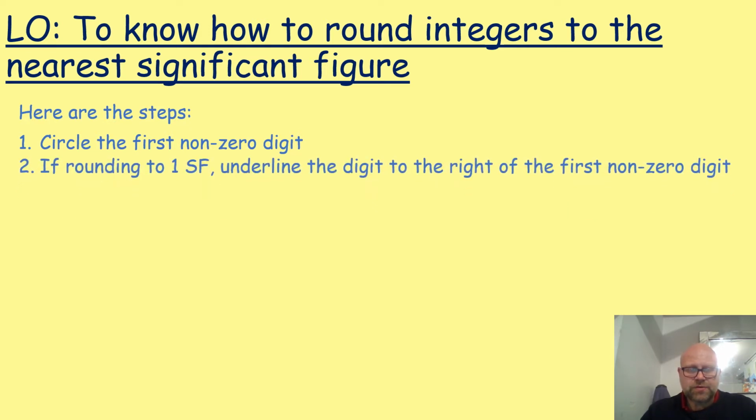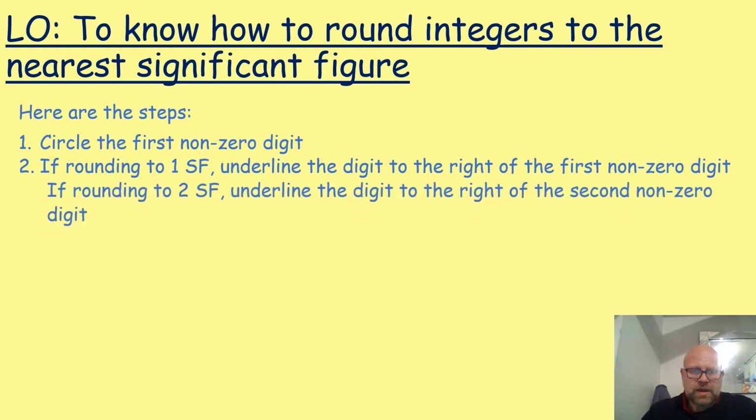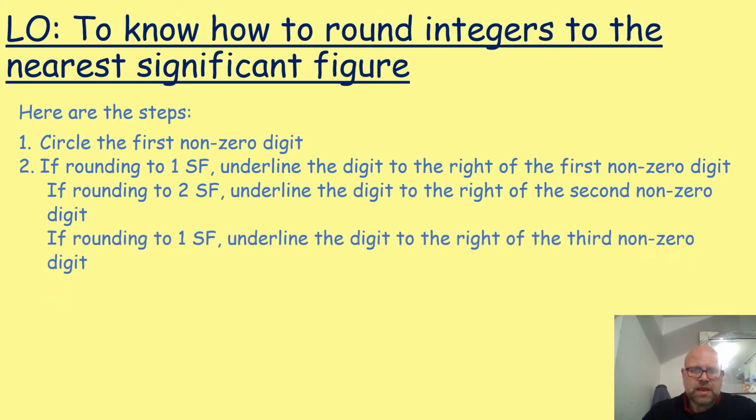Then if we're doing it to one significant figure, SF is short for significant figure, we would underline the digit to the right. If 2, we would underline the digit to the right of the second non-zero digit. And if it was 3, we would round to the third non-zero digit.